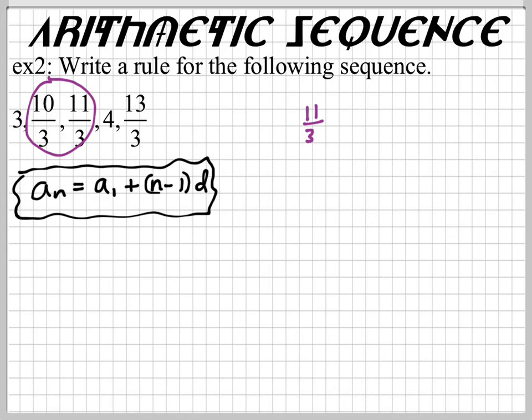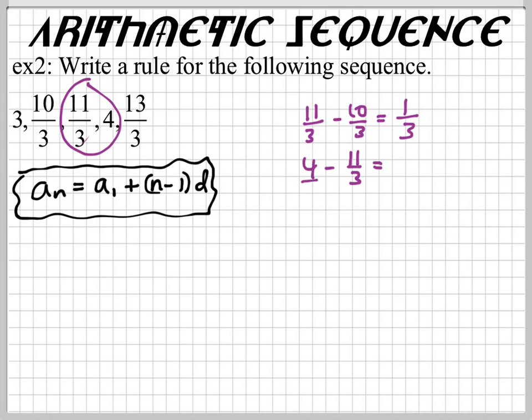So we have 11 over 3 minus 10 over 3. That equals 1/3. Then you try it with another two. We have 4 minus 11 over 3. Let's do common denominators: 12 over 3 minus 11 over 3. That equals 1/3. So it looks like we have a common difference. What is our common difference? It is 1/3.